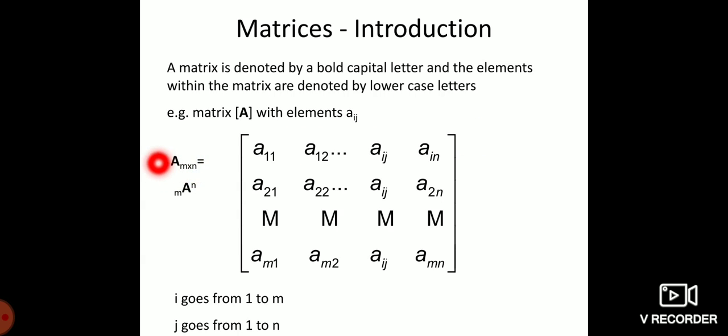This matrix is denoted by A of order m by n, equal to first row, second row up to the mth row, first column, second column up to the nth column. That's why this matrix is of order m by n.